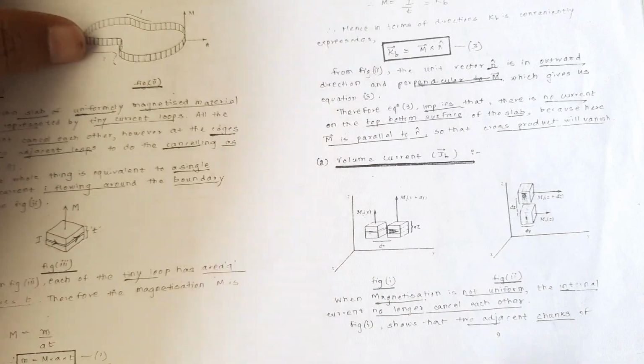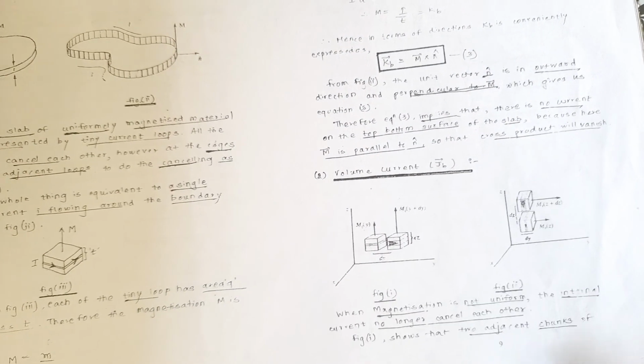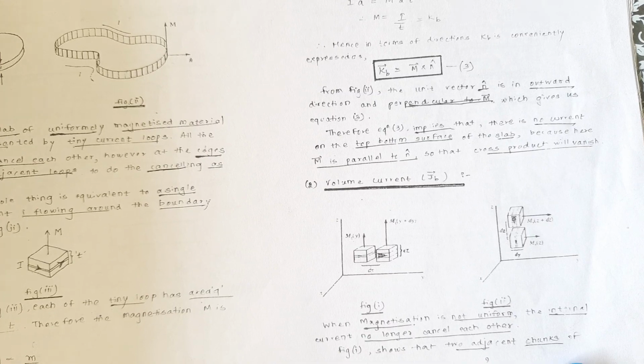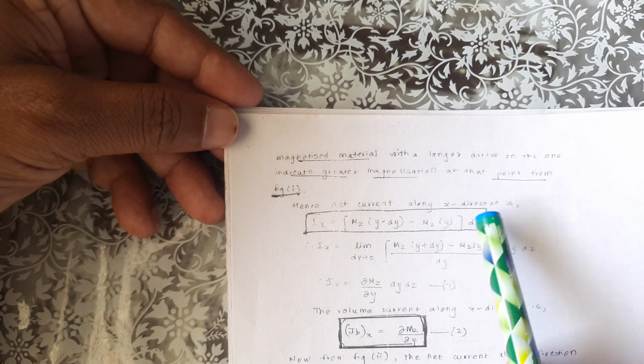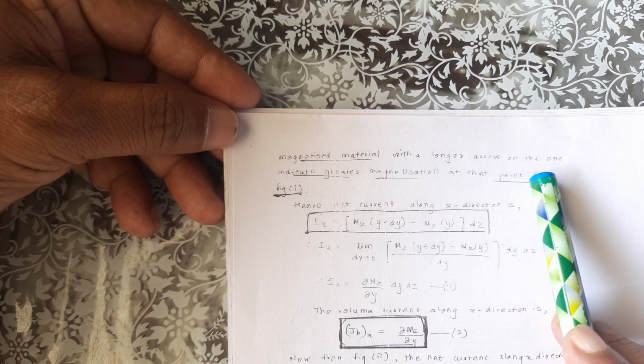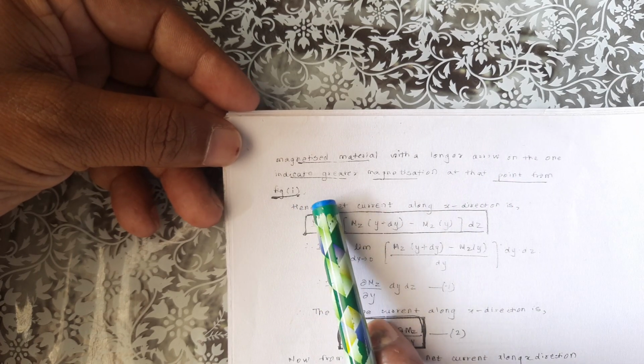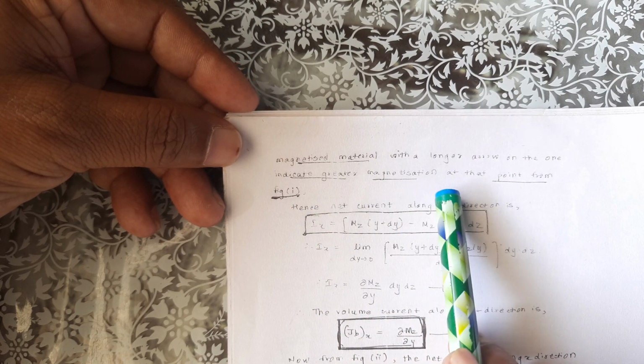This figure 1 shows two adjacent chunks of magnetized material, where a longer arrow on one indicates greater magnetization at that point.